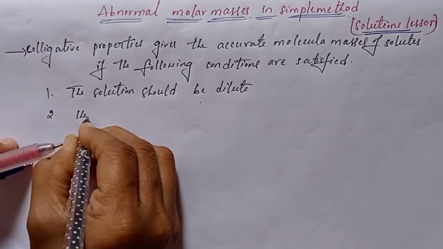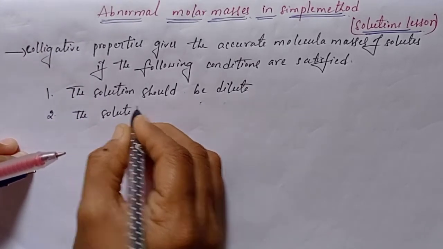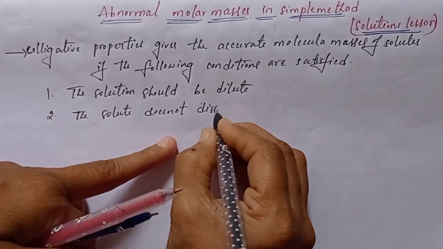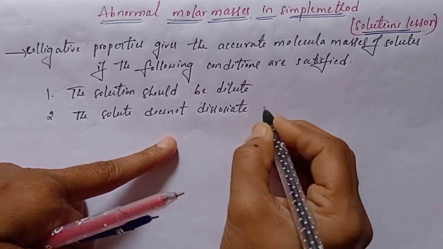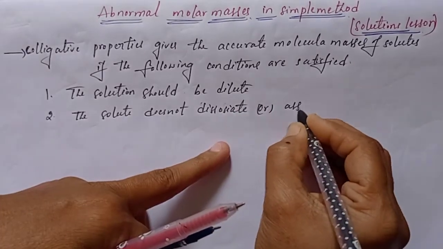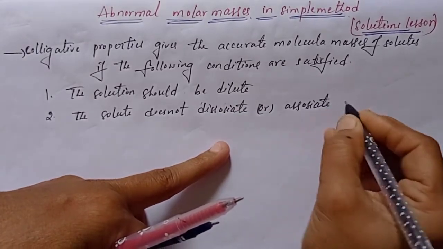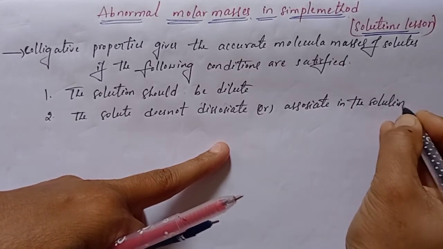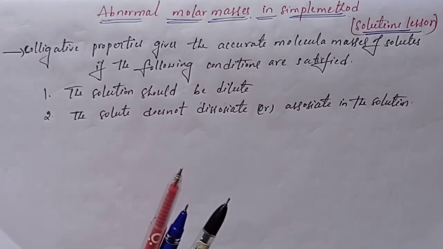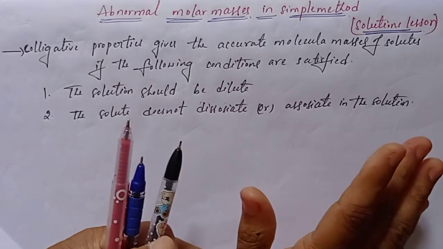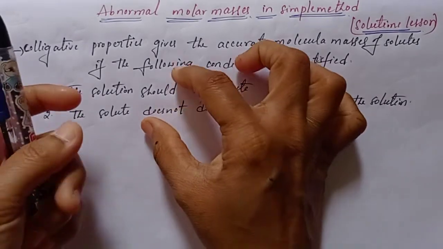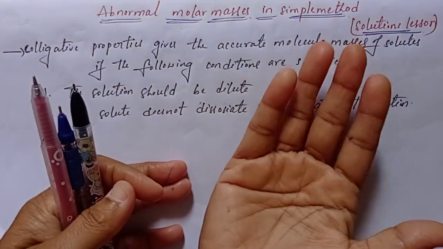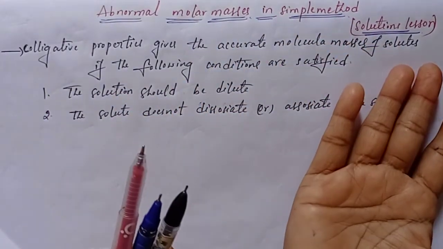The solute does not dissociate or associate in the solution. If these conditions are satisfied, then colligative properties give the accurate molecular masses of the solute.